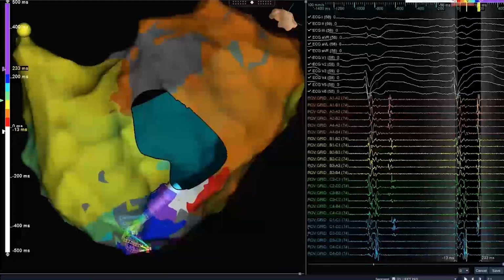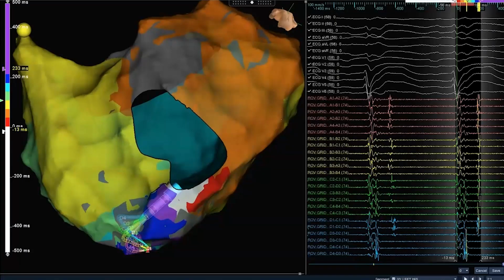So in this same case, this is a representation of that slow conduction. What you can see at the bottom left of the colored picture is a shadow of a catheter, pushed down into the septal distal region of the heart behind the LV cannula.